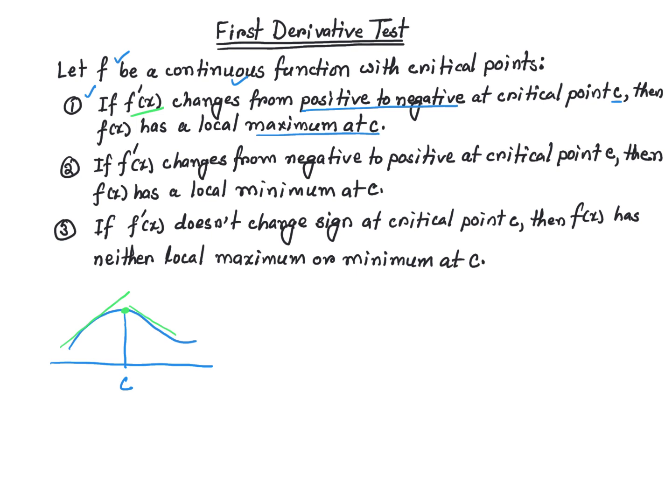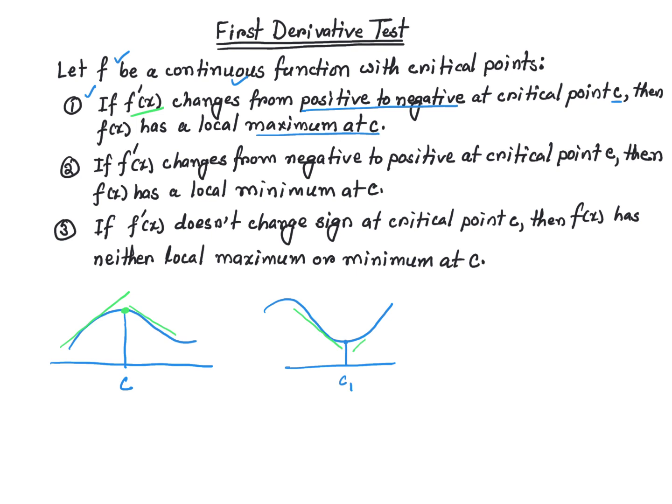Similarly, we could draw another diagram that looks like this. Let's call this point C1, where the derivative is zero. We draw tangent lines again. To the left of point C1, the slope of the tangent line is negative, which means the derivative is less than zero.